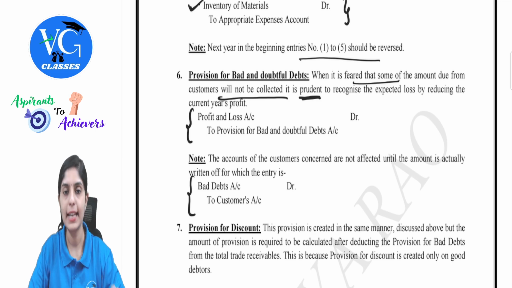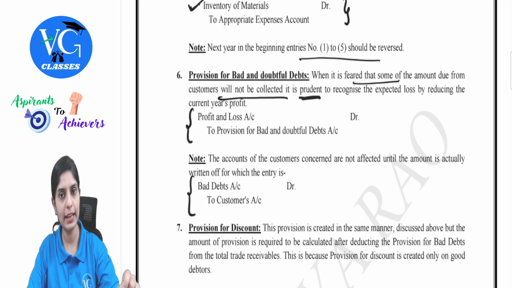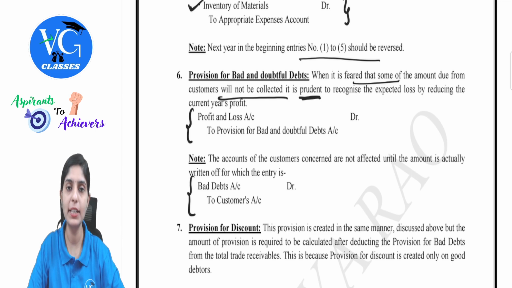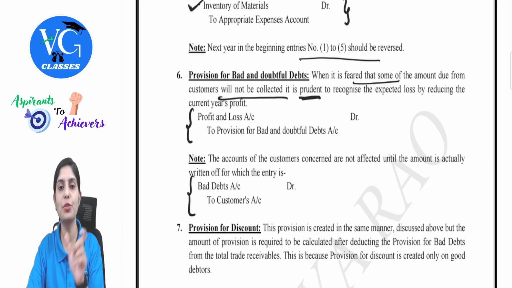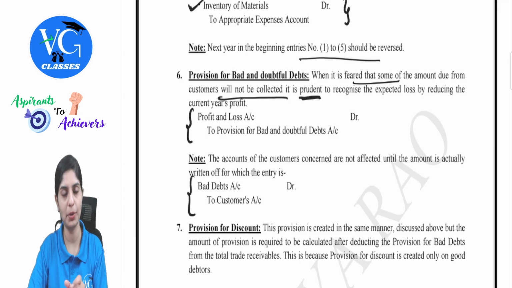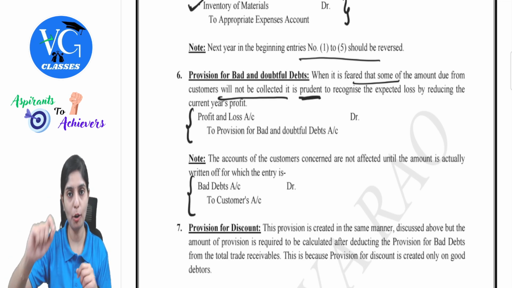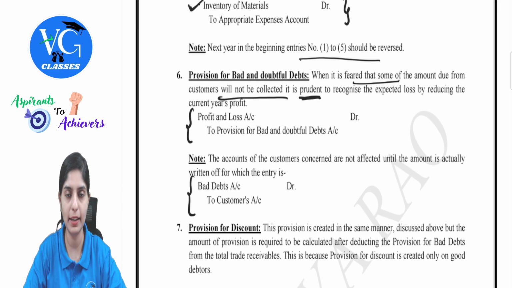Clear? Second, similar to provision, if provision is also given in trial balance and additionally they are asking you to create provision, first find out what is the expected provision as per the additional information. Compare this with the provision which is available in trial balance. For example, assume provision given in trial balance is 5,000.